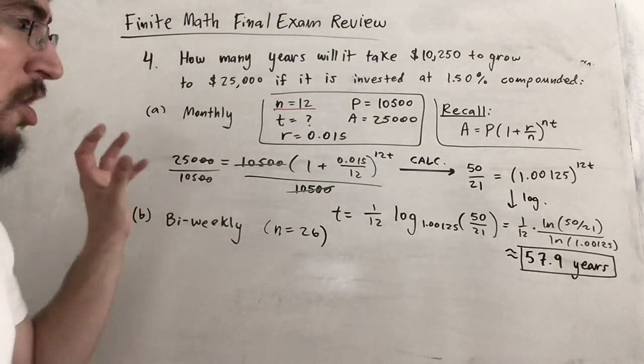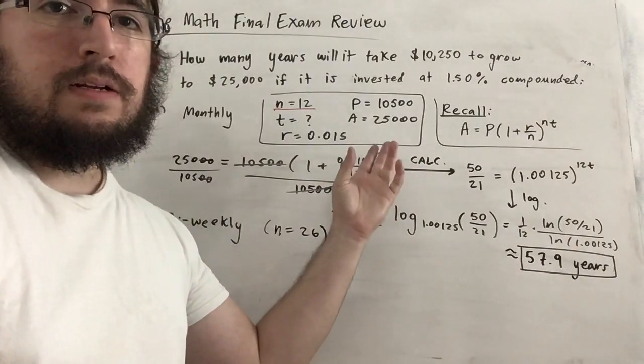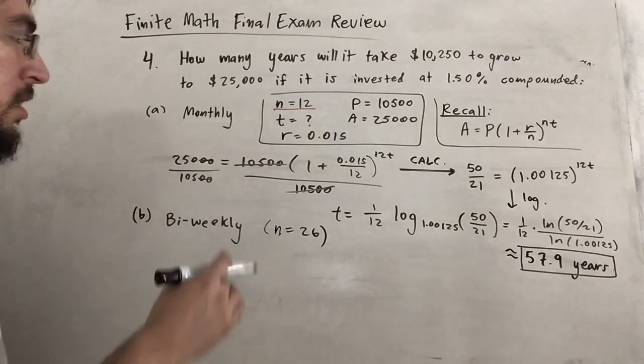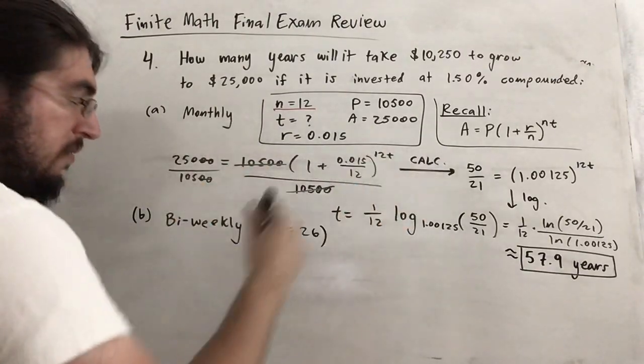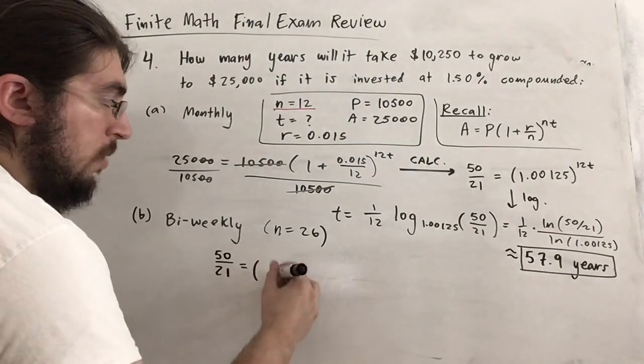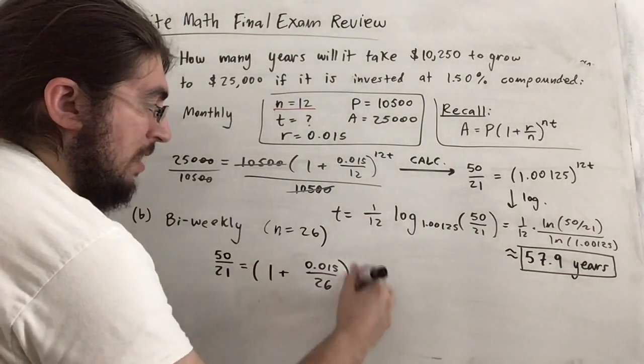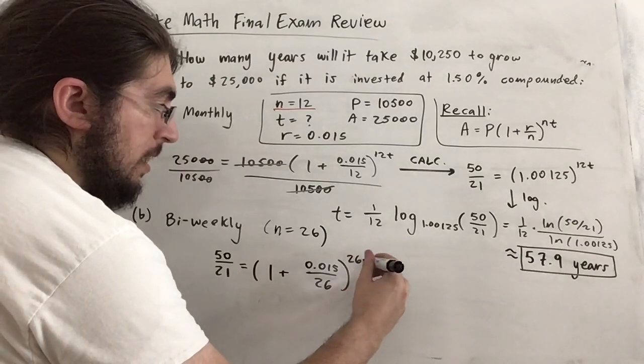So now I'm going to run the same argument here. In fact, the only real thing that'll change is this denominator and this coefficient of t in the exponent. So when we divide by this, we'll still get 50 over 21. So we'll get 50 over 21 equals 1 plus 0.015 over 26 now, and then to the 26t.